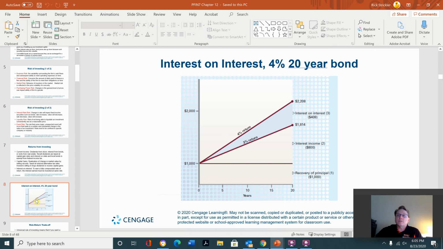Interest on interest, 4%, 20-year bond. And you can see 4% return versus a 3% return on an initial investment of $1,000. And then for 20 years, that $1,000 goes to $1,814 for 3% and $2,208 on a 4%. Okay? So you can see the $400 difference in just a 1% change.